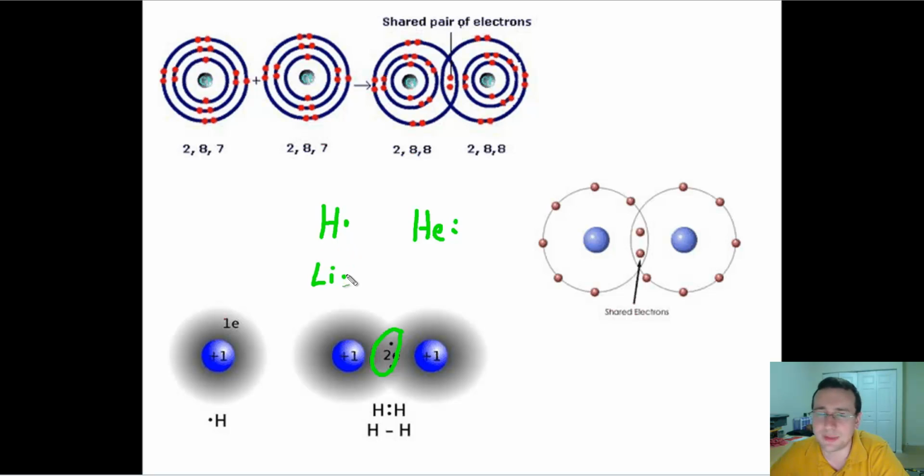So you're putting dots to represent the last shell. If you do oxygen, which has 6 electrons in its last shell, you put only the last shell: 1, 2, 3, 4. Notice that you put them on opposite ends to avoid each other. Then you start pairing them up once all the ends are taken, so you put 4, 5, 6. And those are the electrons.